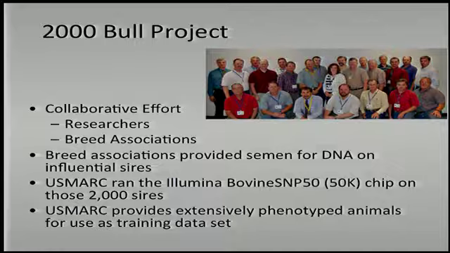The purpose really was for US MARC to provide externally phenotyped animals for use as a training set within our own animals, and then export MBVs into the industry through this 2000 Bull Project as an avenue. The number of bulls from each breed was sampled somewhat proportional to the size of the breed, how many animals there are in terms of herd size of each of those breeds.